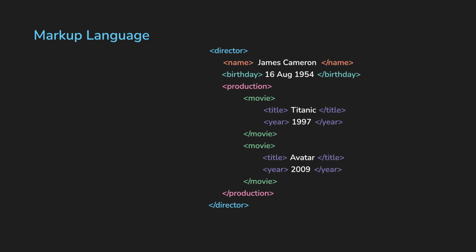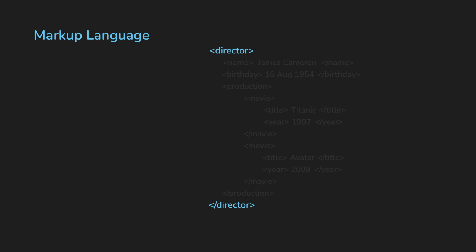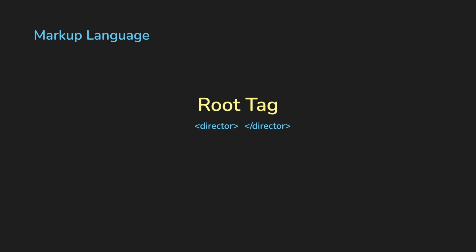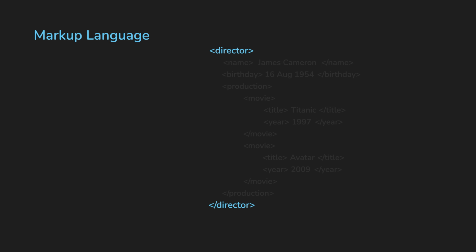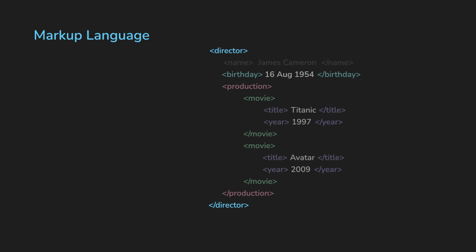In this code, the outermost tag has a director label, which is called a root tag. Inside, we can find information about that director. So that director's name is James Cameron, who was born in 1954 and had produced two movies, Titanic in 1997 and Avatar in 2009.